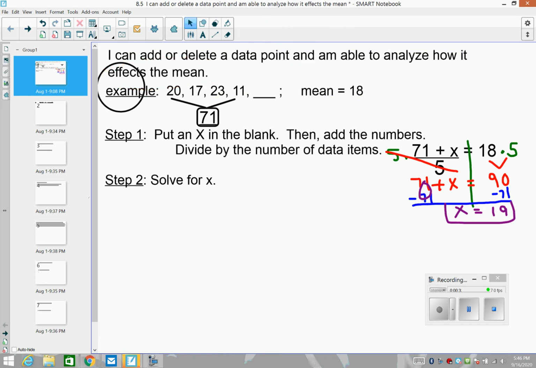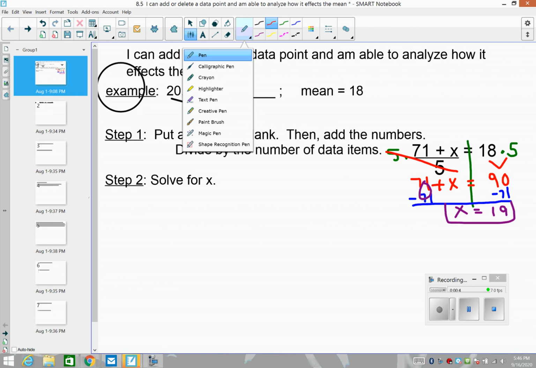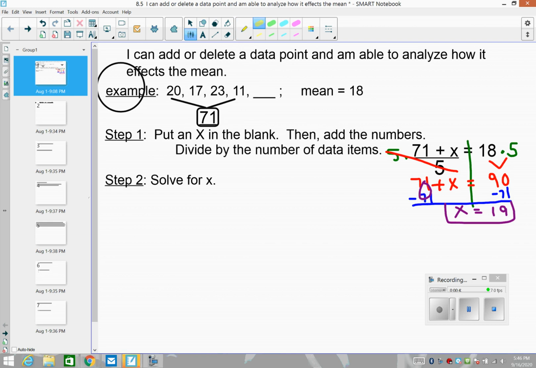All right. So if we know that we have this data set and we have some test scores, and let's say that I want to figure out what I need to get on my next test to get a B in the class or an A or something. So I have these data points and I'm trying to figure out what I need to get on the next one so that I can get an average in the class of 18.